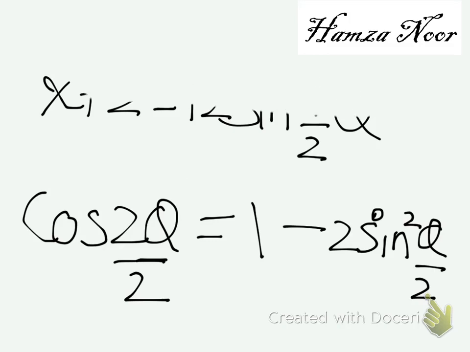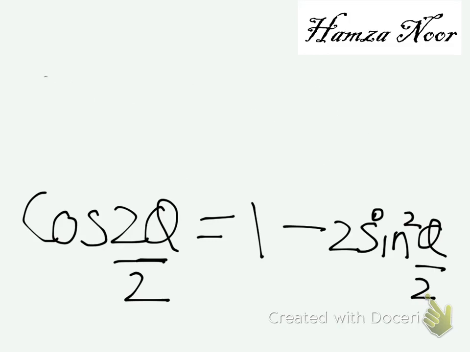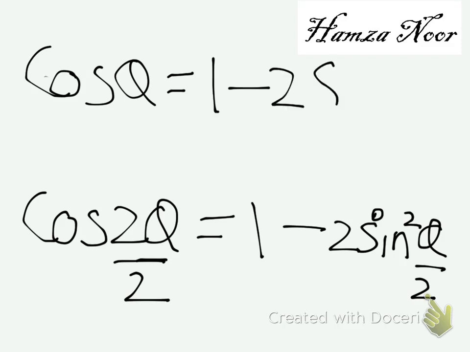Your identity according to the requirement of the question will be cos theta is equal to 1 minus 2 sine squared half theta.